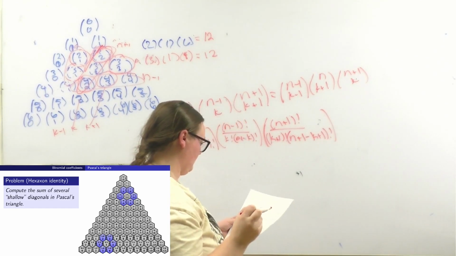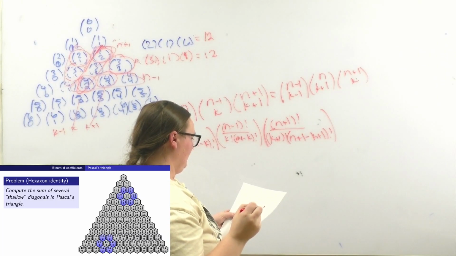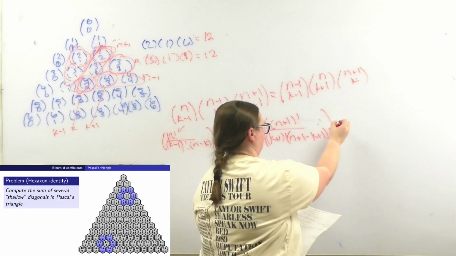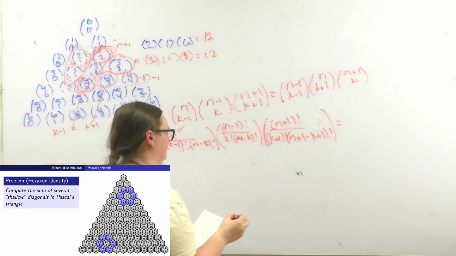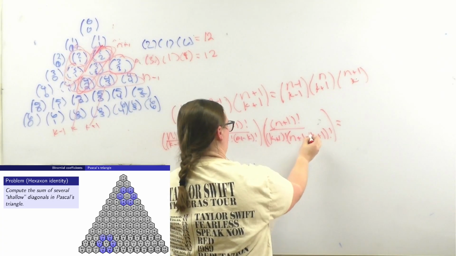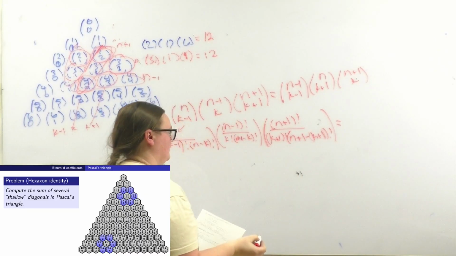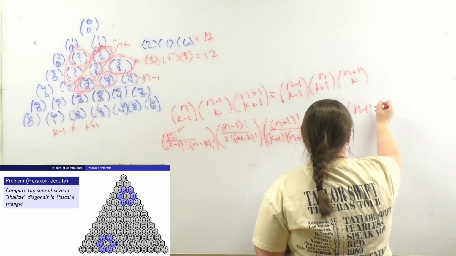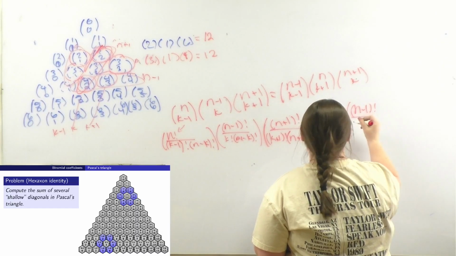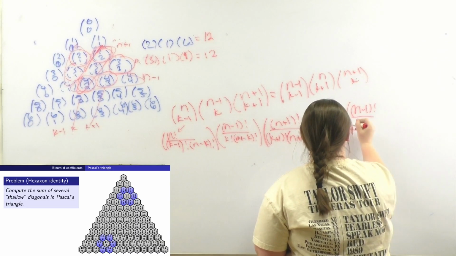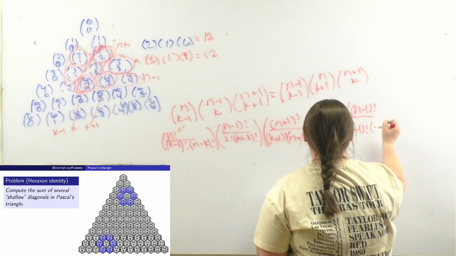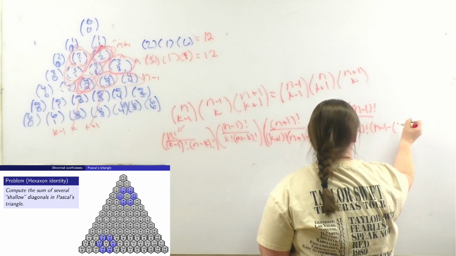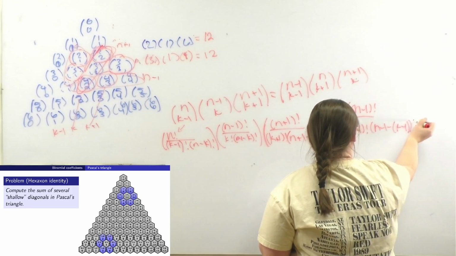Am I on the right track here? Yeah, we'll get to that. Oh, sure. Yeah, so it goes like that. Okay, cool. And then this is n minus 1 factorial, and it's k minus 1 factorial. Choose, where am I? N minus 1 minus k minus 1 factorial.